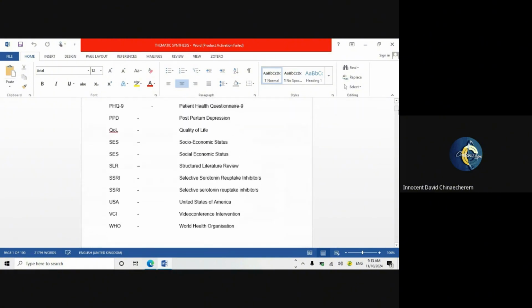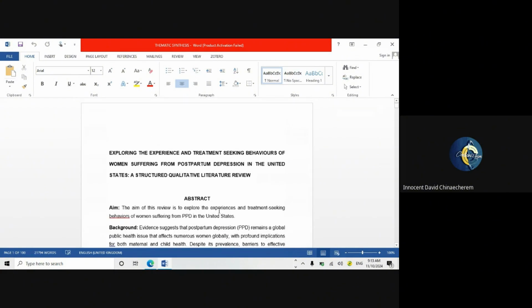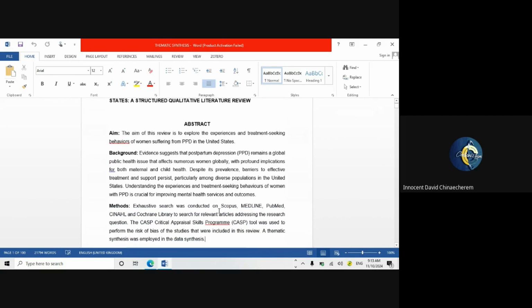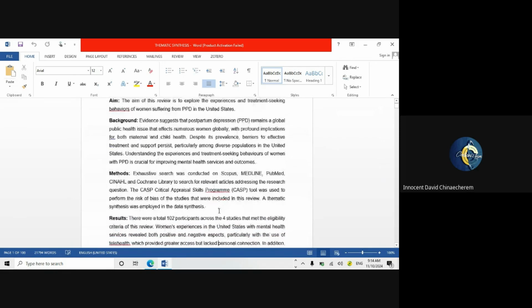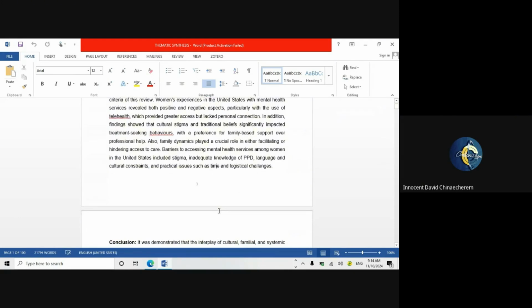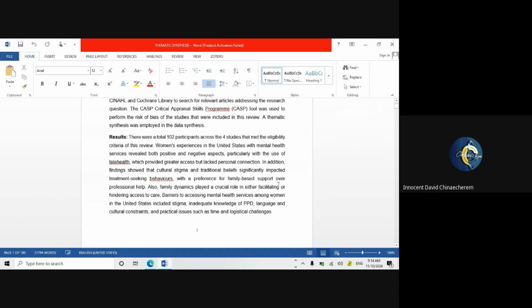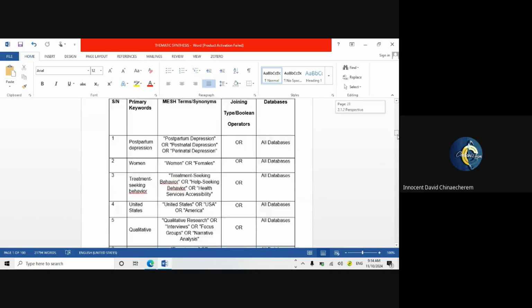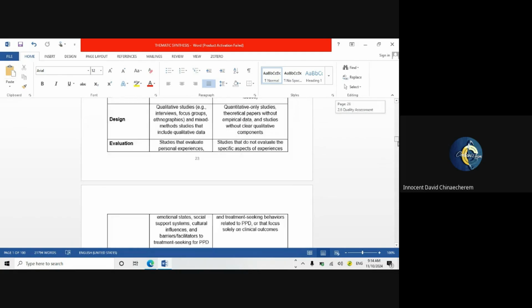Let's look at the study. If you take a look at the abstract here, you see clearly you have the aim, the background, and the methods. And clearly in the methods, we have said that a thematic synthesis was employed. That's worthy to note. When we go inside the paper, this is what it looks like.